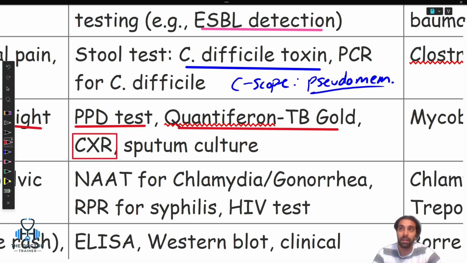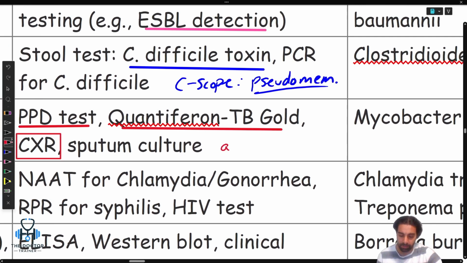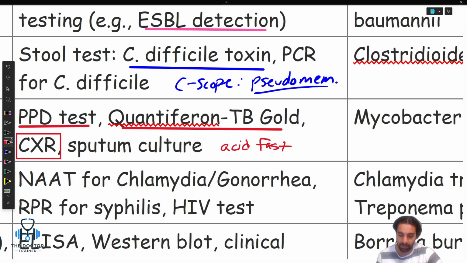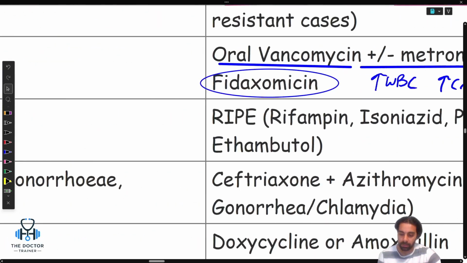You'll typically see infiltrates in the upper airways. And if they do a sputum culture, it's going to be acid fast. And you should look at pictures for this. Acid fast positive.